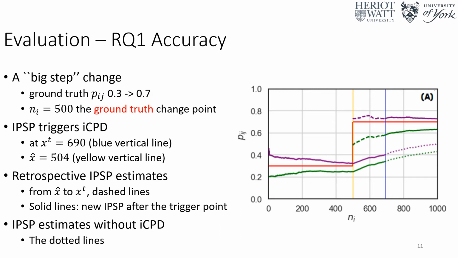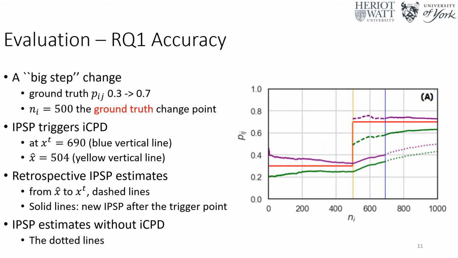First, we can see before the change point, IPSP did a good job to give us bounded estimates. And not long after the change point, the IPSP estimator detects a prior data conflict and triggers the online change point detection analysis at time step around 700. That is the blue vertical line in the figure, and we get an estimated change point at 504, which is very close to the ground truth 500.